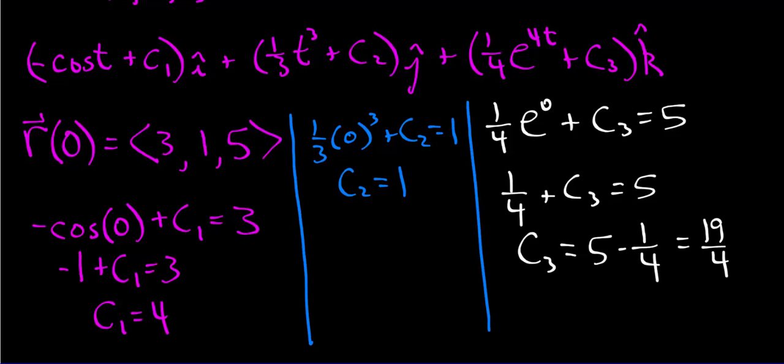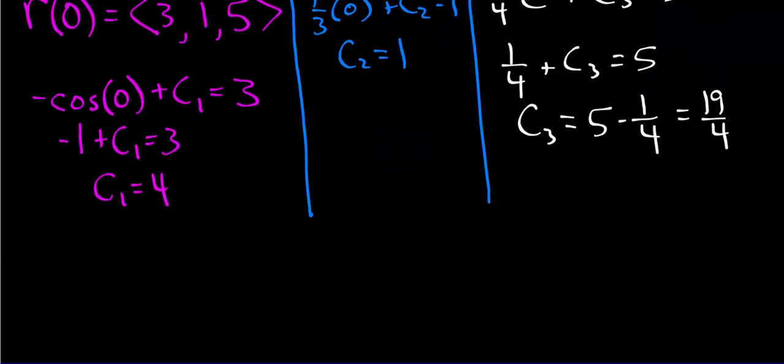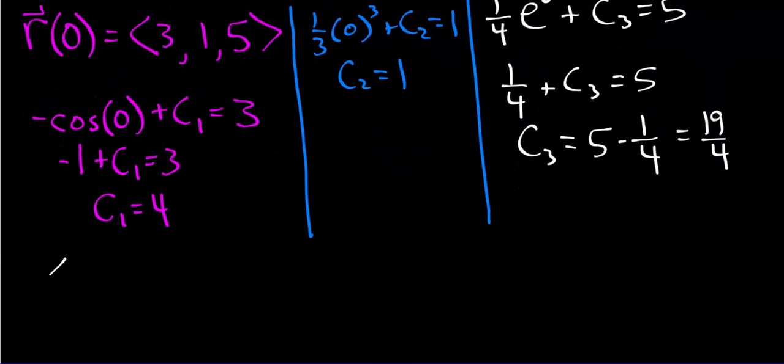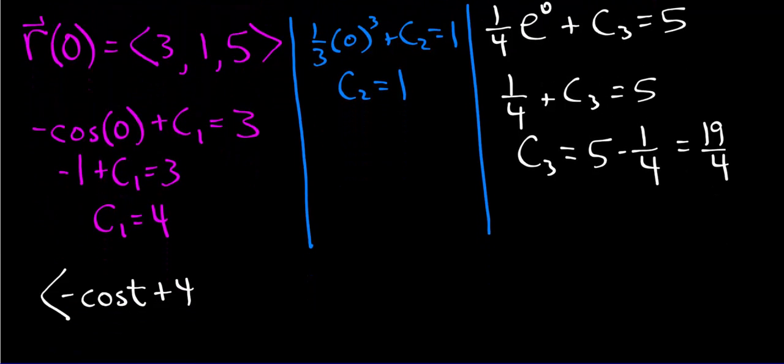Now, let's put it all together and see what the final answer is here. So let's put this in our vector. We've got negative cosine t plus 4. Okay, that's the first part. Then we've got 1/3 t cubed plus C2. There you go. That's 1. See, C2 is 1.